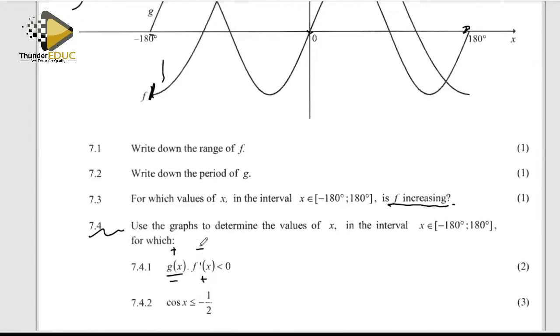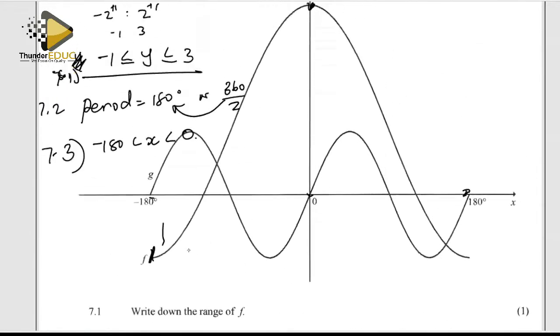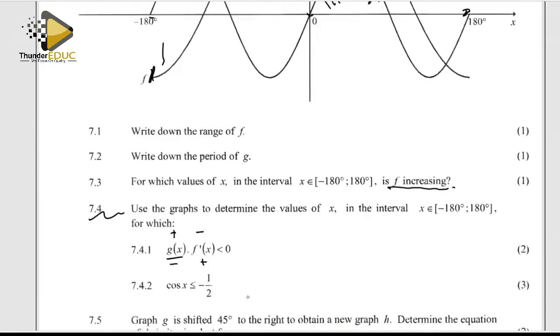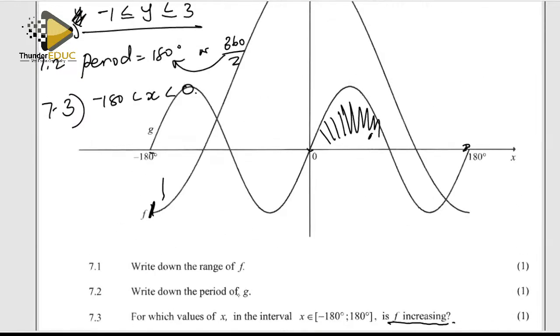Above and decreasing. So it's decreasing in this area and it's above somewhere here. Then the other section is where do I find the g below while this one is increasing? So g is below here while the other one is decreasing. So we can see the region of interest, this one and this one.